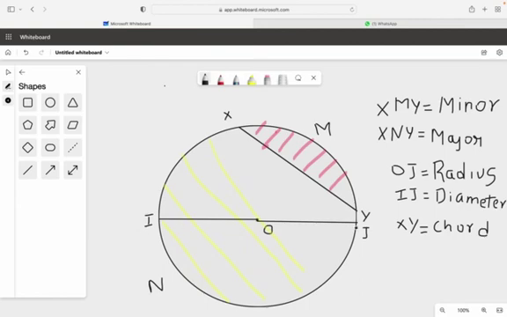I, J is the diameter. Radius is from the center point to the circumference. Diameter is from one end of the circle to the other end, which passes through the center point. And the diameter is the largest chord, the biggest chord. All right. Thank you.